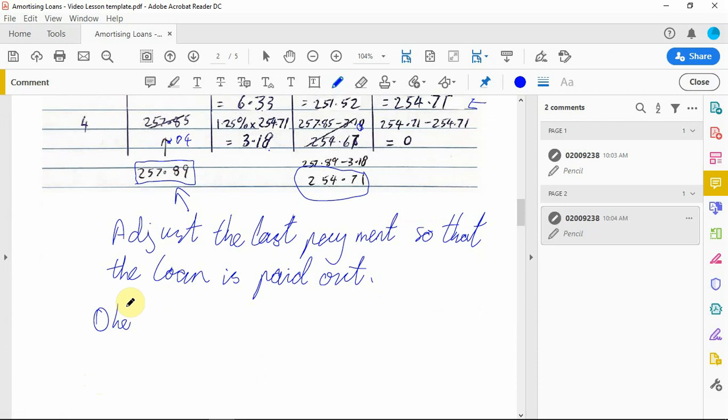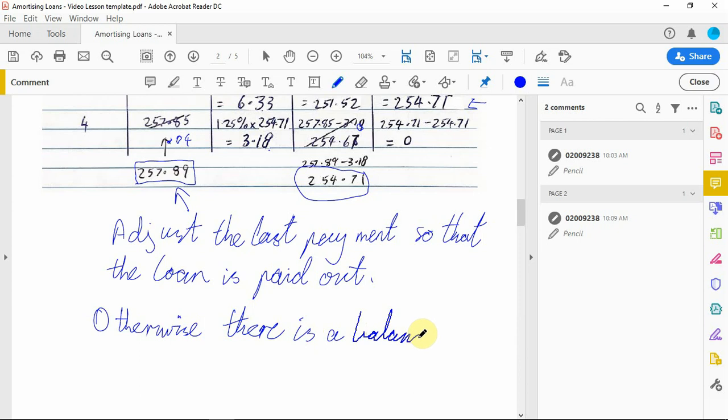Whoops. Too many loops on the W there. Sorry about that. So otherwise, there is a balance of 4 cents. All right. And it doesn't make sense to just have a balance of 4 cents.